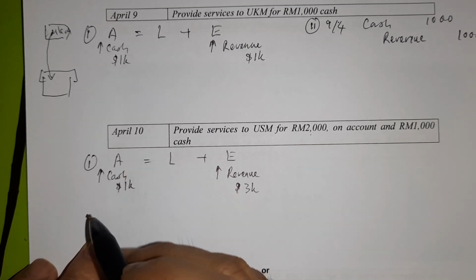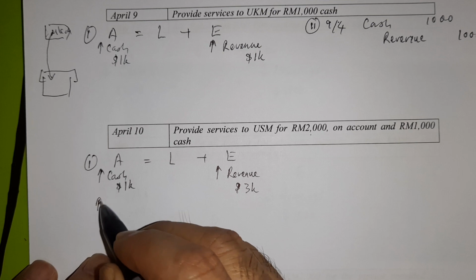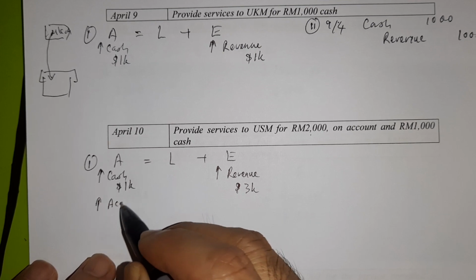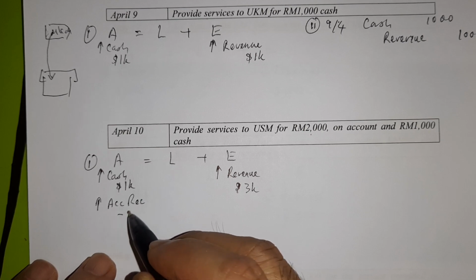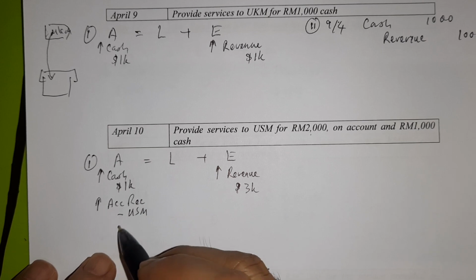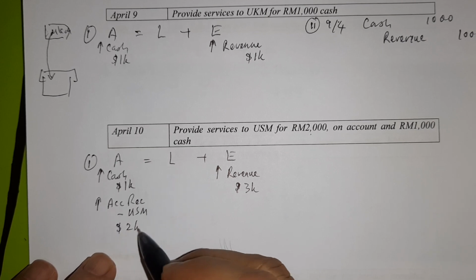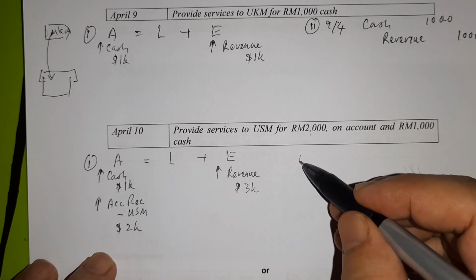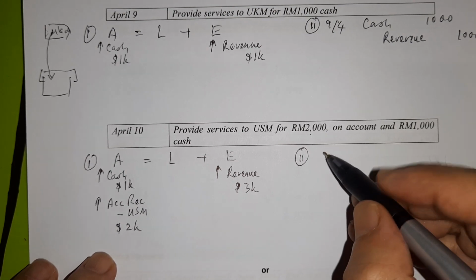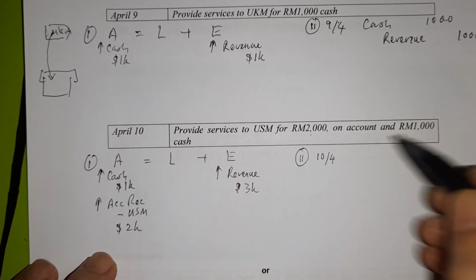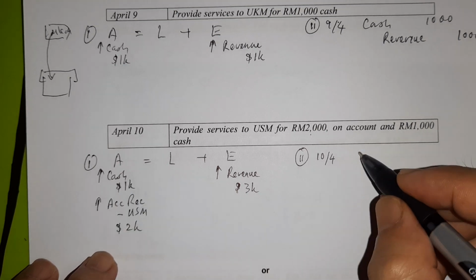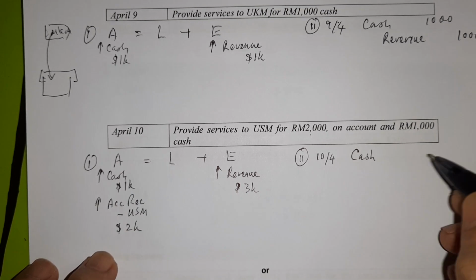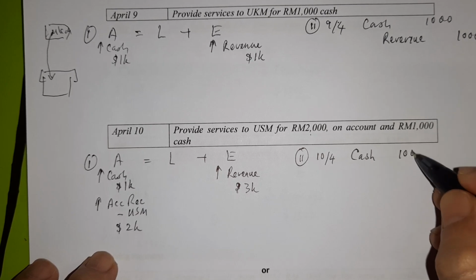So you record in account receivable. Increase in asset, but the name of the asset is account receivable. The name of the customer is USM. The amount is 2,000. So you do the general journal, very simple. The date is 10th of April. The asset increase, so you debit account cash 1,000.